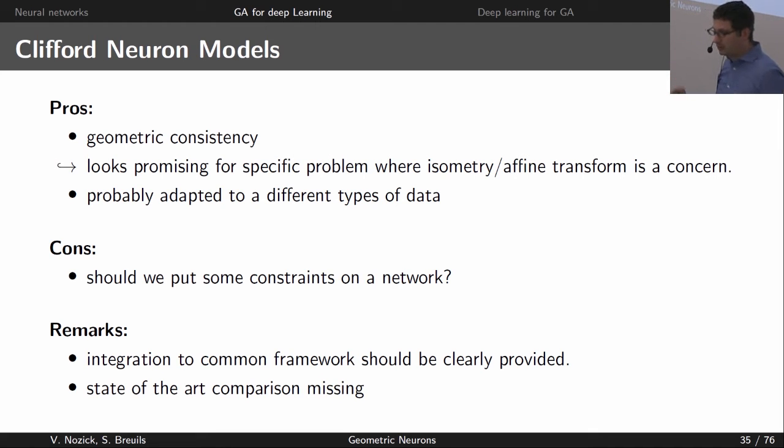And I have two remarks. This is what I believe, but maybe you can believe something else. I think that if we want to be convincing that using this network is a good thing, we should absolutely provide a clear integration into frameworks like PyTorch or TensorFlow. It should be clear, else no one will use it and try it.